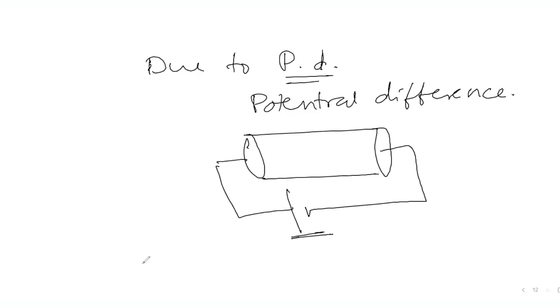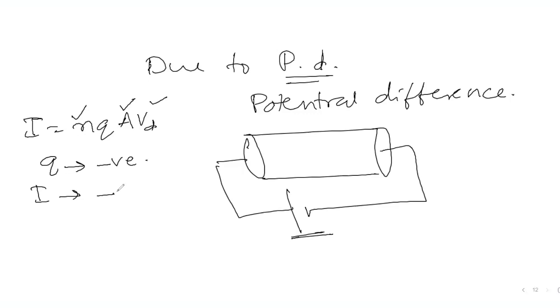Now, what is the direction of electric current? We know the expression for electric current, I equals n q A Vd. No doubt, n is positive, A is positive, drift velocity is also positive. Suppose I take the charge as an electron, q is negative. So I get the value of I as negative. What does it indicate?